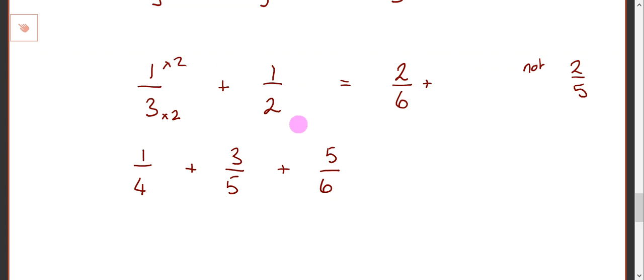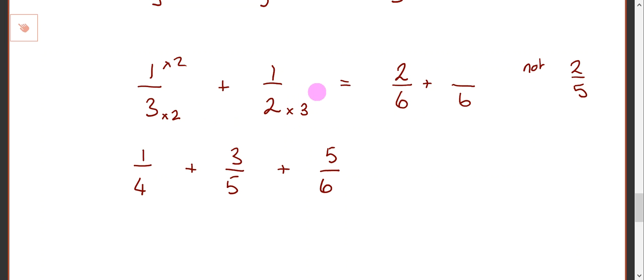Well, this one as well, we can make it 6 pieces too. But what do I need to do to it? Times it by 3. So if I've got 6 pieces there, how many have I got out of those 6? Why do you have to put 2 on the first one? Because 3 times 2 is 6. I need to make it 6 pieces.